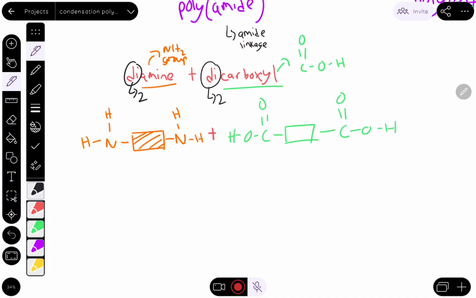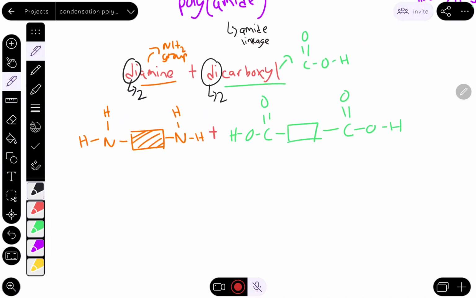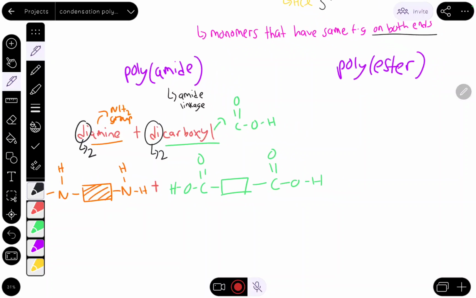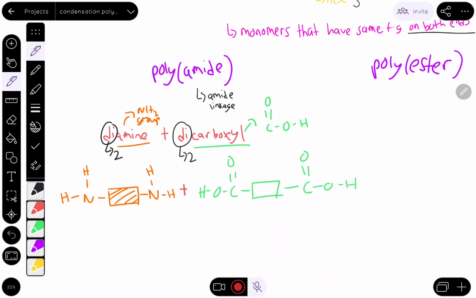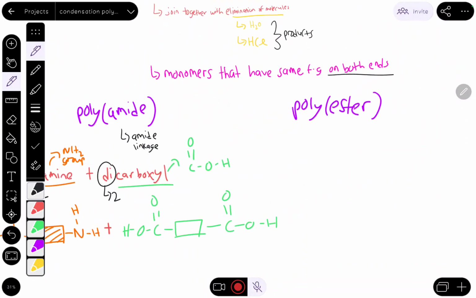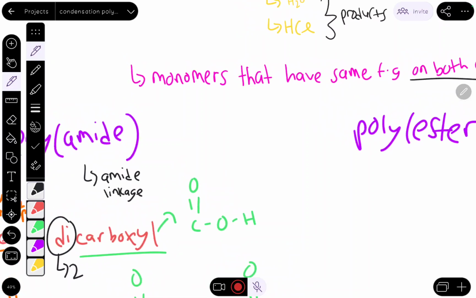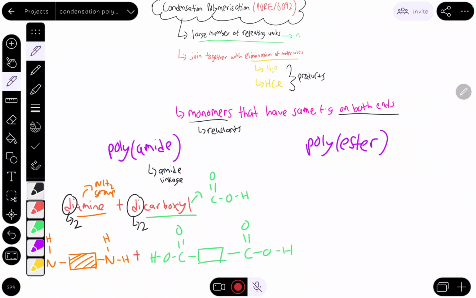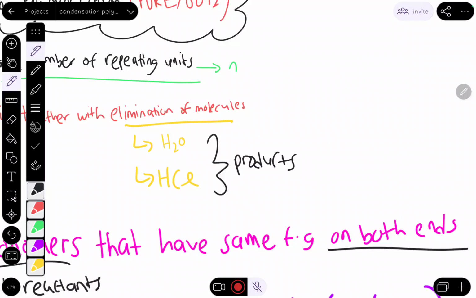In this case, we know that it will react to give you a polyamide. Remember, monomers that have the same functional group on both ends are reactants, not products. Your products will be the elimination of small molecules like water and HCl, and your molecules must be small.